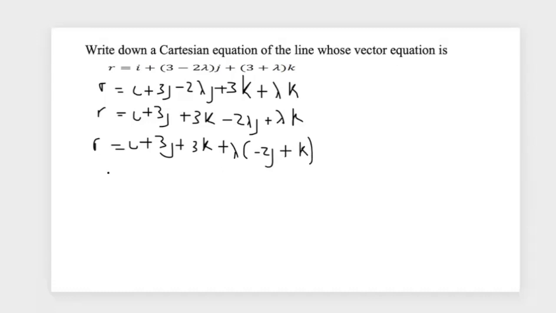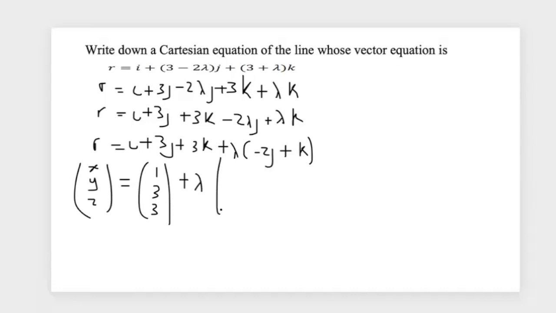So now we can create the parametric equation, and then we are going to create the Cartesian equation. So I have it in column form x, y, z, equal to 1, 3, 3 plus lambda, then because we don't have any i, 0 in that position, then minus 2, and then 1.